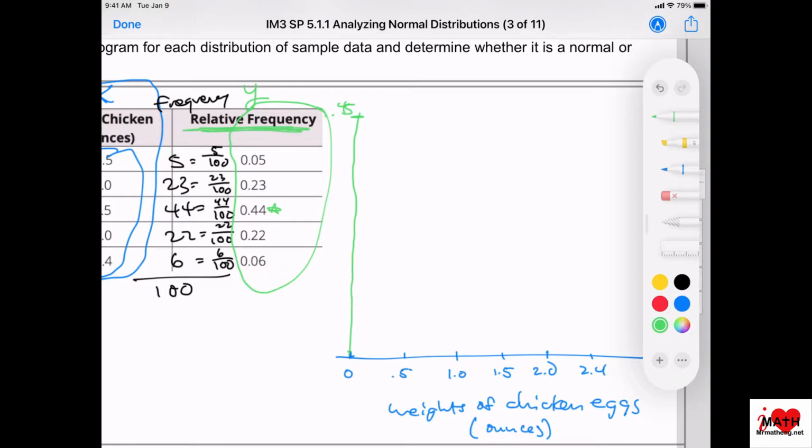And then you kind of just want 9 of those: 1, 2, 3, 4, 5, 6, 7, 8, 9. I guess I messed up, so it's okay, you have an eraser. And then you're counting by 5s. You can count by 10s, it might be too close, but you have to decide what makes it look best.